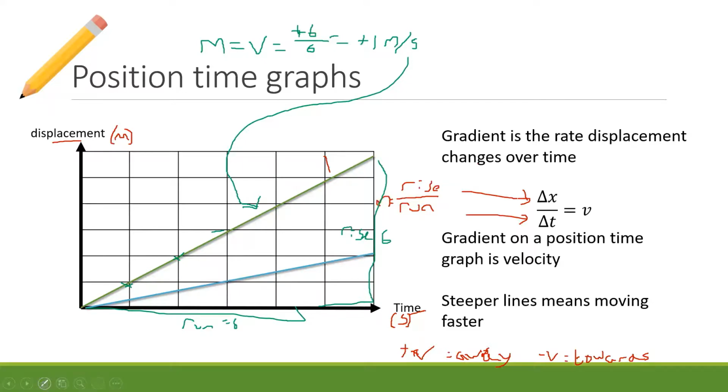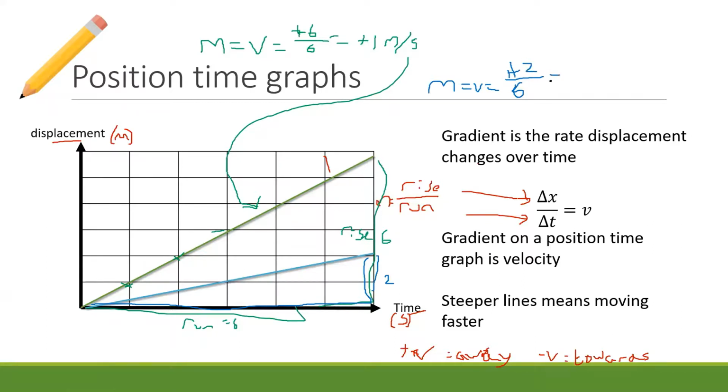Now what we can also do is we can also do this other one in blue. So this one's also got a run of 6 seconds. We're going to do that here. m equals v equals a run of 6 seconds, but this one only has a rise of 2.